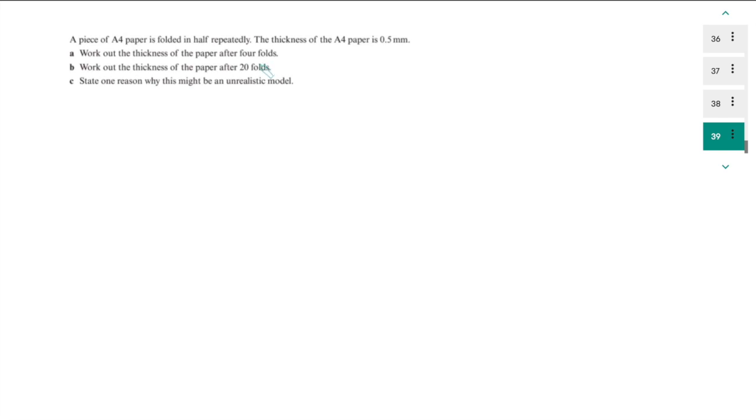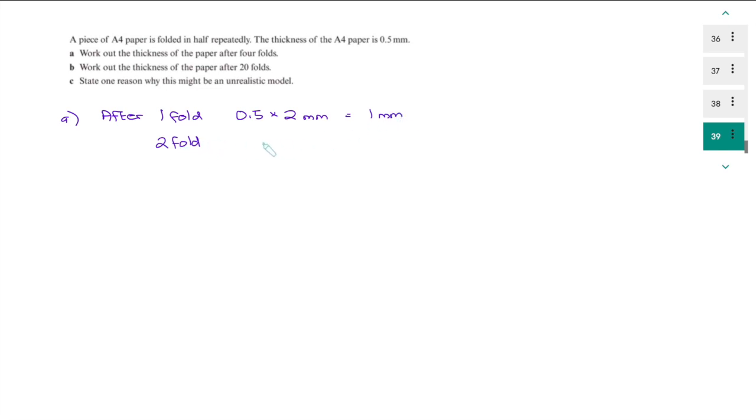Okay, so you could say, well, I can easily do that. So part A, there'd be nothing wrong with saying, after 1 fold, you're going to have twice the thickness, so it's going to be 0.5 times 2 millimeters, and you could work that out. After 2 folds, so this is where you've got to work out what's happening. You're going to fold again, so let's actually do that, so we've got 1 millimeter there, okay.